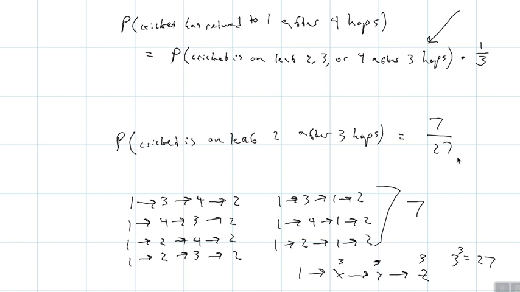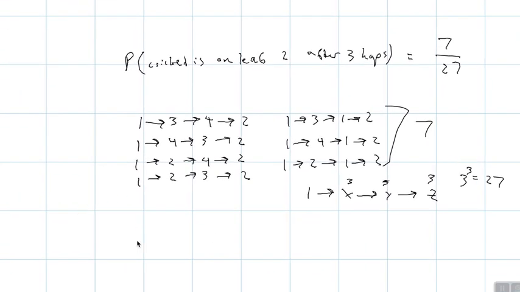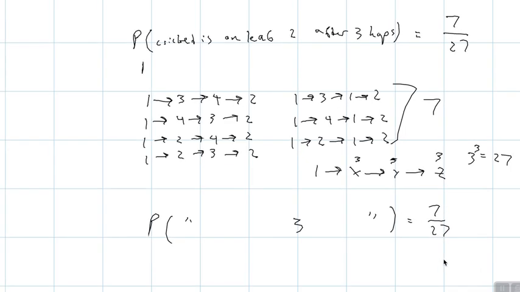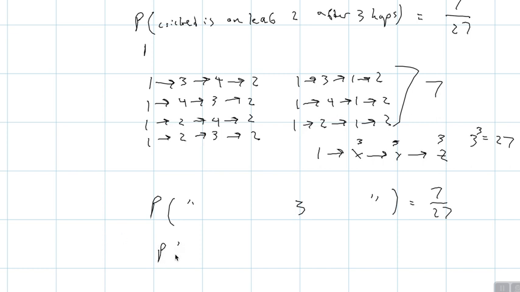There's no difference for the same thing but for being on leaf 3 after 3 hops. That's also 7 over 27. And the same with being on leaf 4 after 3 hops. That's also 7 over 27.